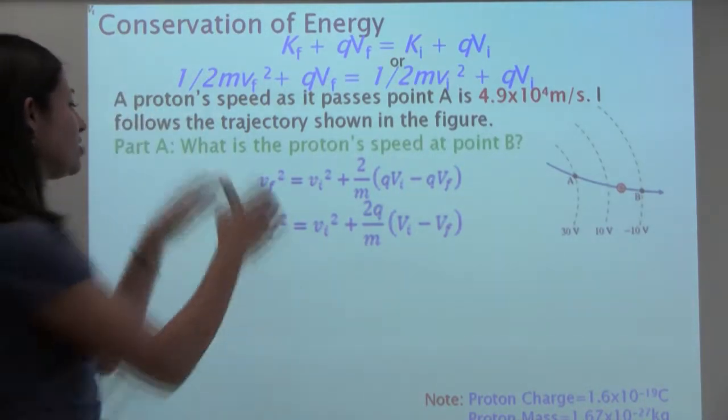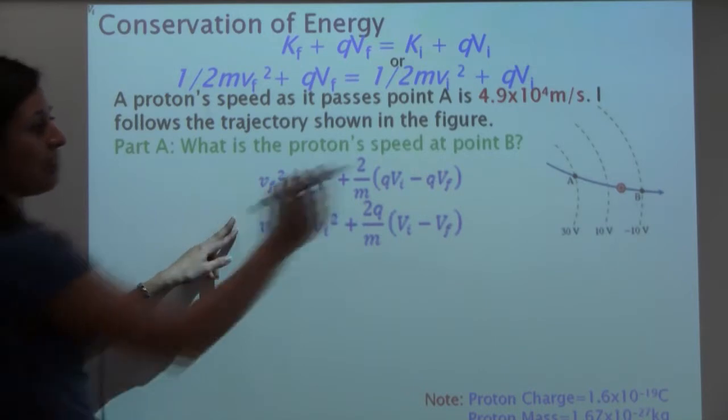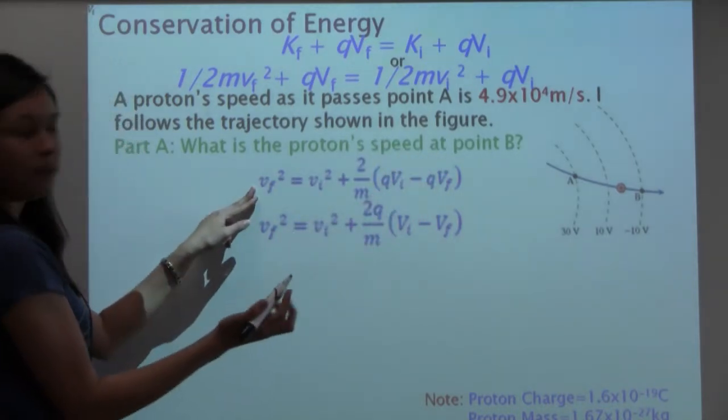So I'm going to just solve this problem through. We're solving for the proton speed at point B. We're solving for the final velocity.